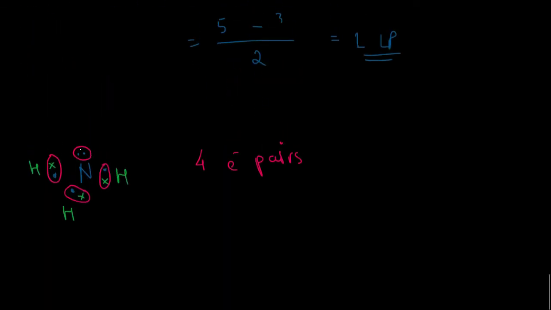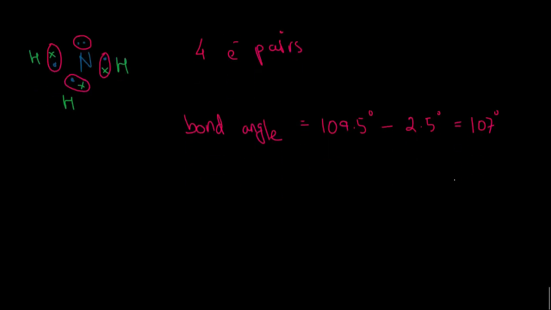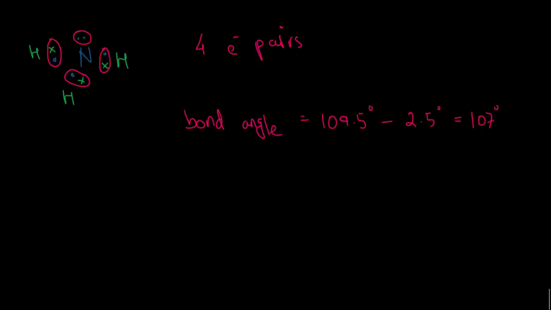Here I have a total of 4 electron pairs, so the bond angle should start off with 109.5 degrees. But we have 1 lone pair, so I'm going to subtract 2.5 degrees and get 107 degrees. So the bond angle in NH3 is 107 degrees.